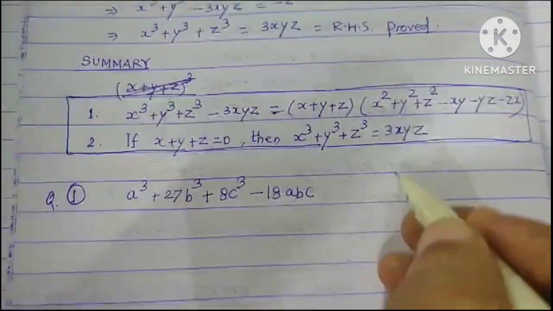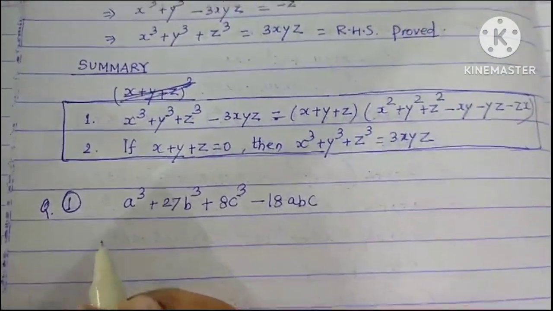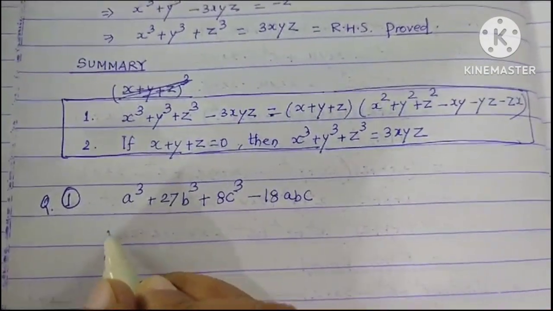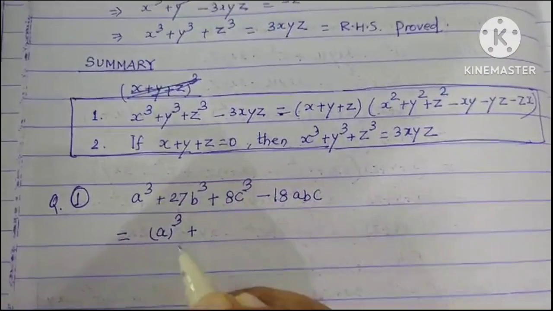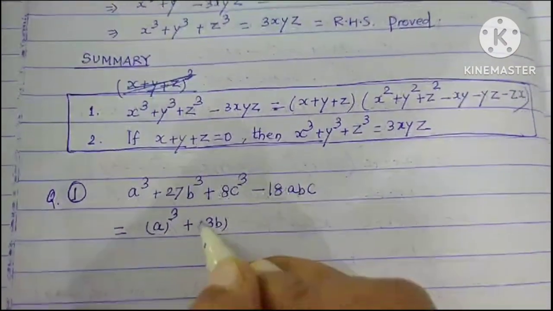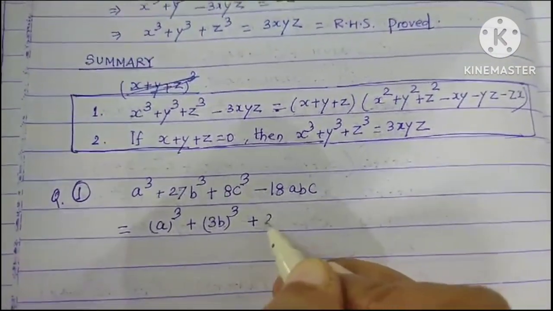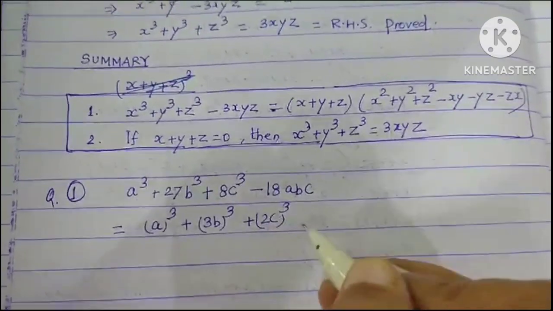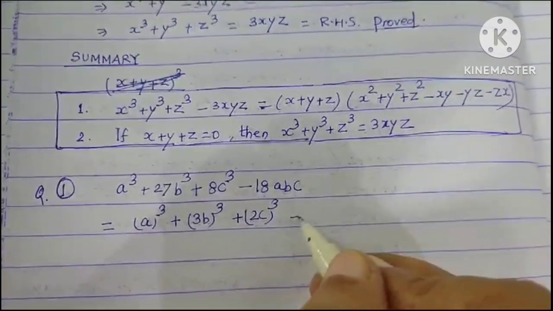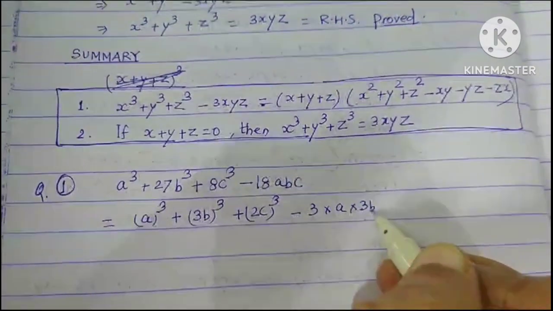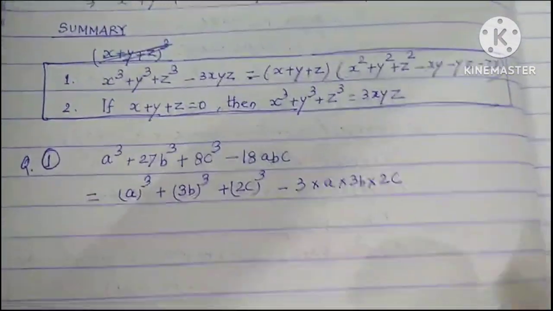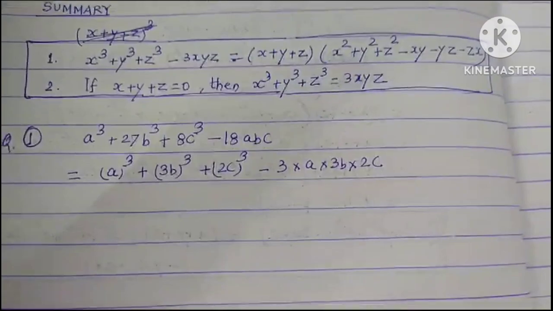We have to factorize this one. So we can directly write it like this: a cube plus 3b cube plus 2c cube minus 3 into a into 3b into 2c. I think this is good.